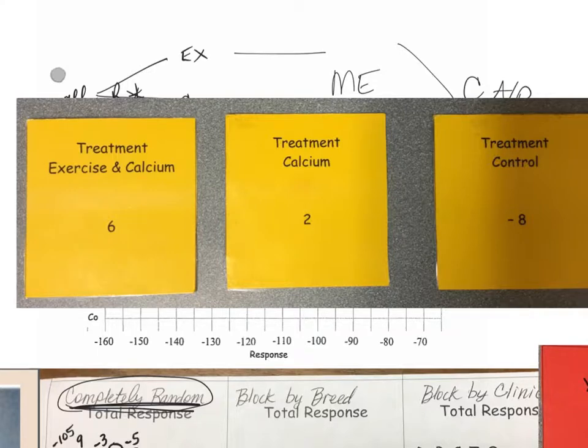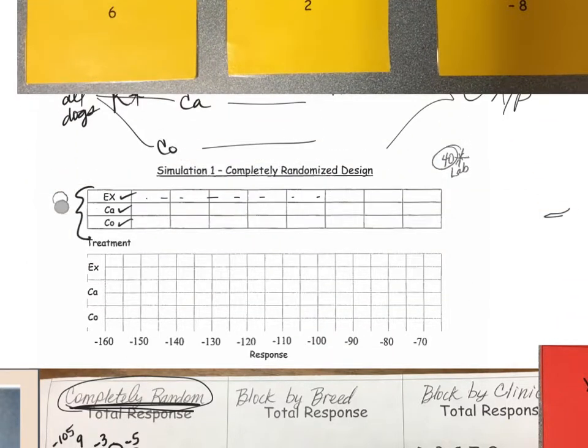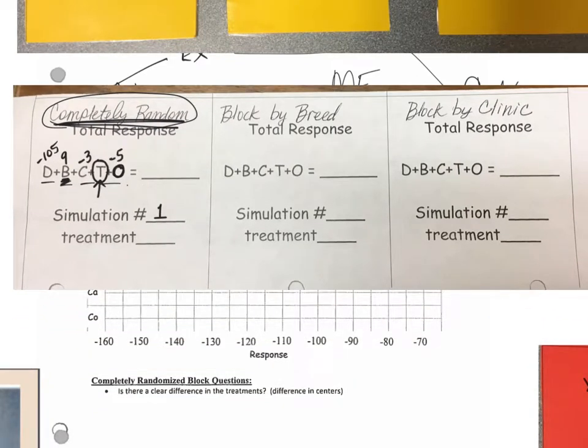So the students either got this exercise and calcium one, this calcium, or a control. We're going to say that our dog got this one, exercise and calcium. And that means our dog got the number 6 here. I'm going to total all of these numbers up, and that's how I'm going to get this value right here.